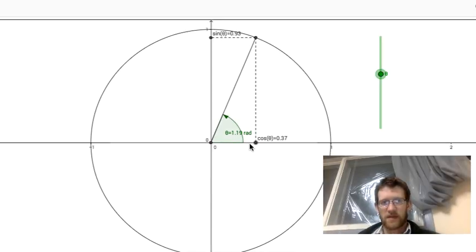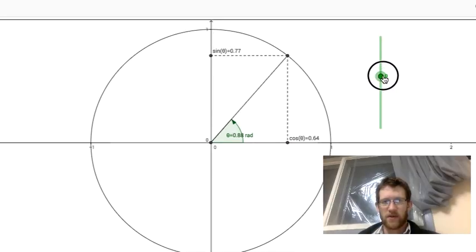The change in x. And then the sine of this angle is opposite over hypotenuse, or essentially this y value, right? So the y value is the sine, the x value is the cosine, and then we can just change the angle and see what happens to sine and cosine.